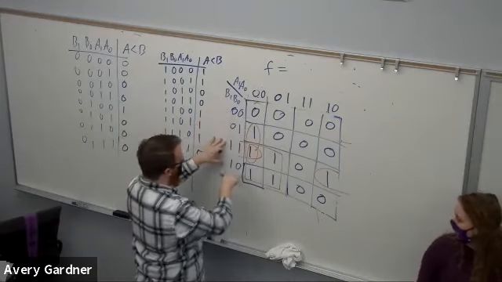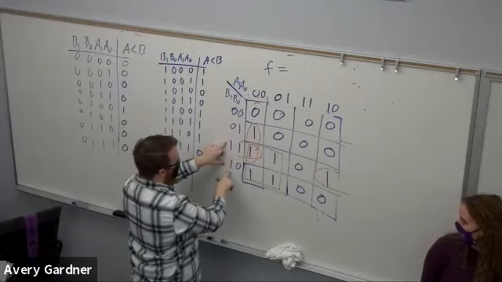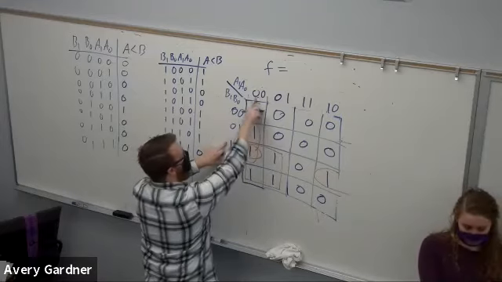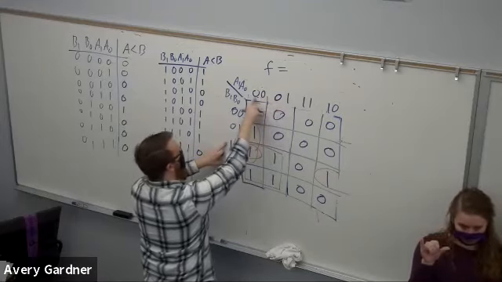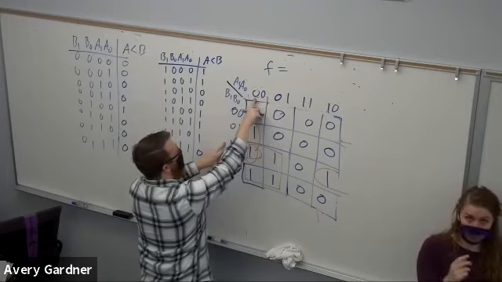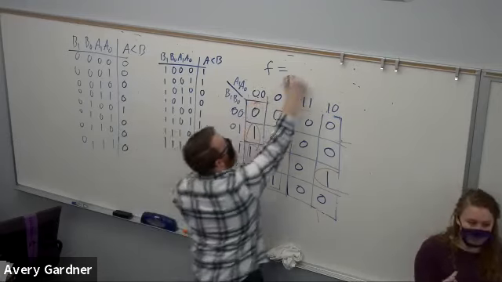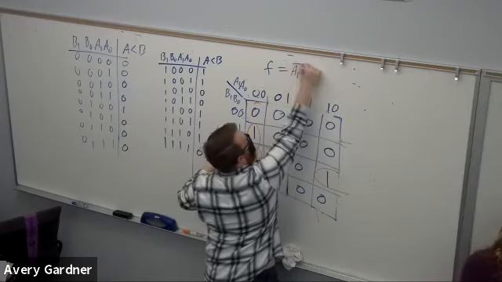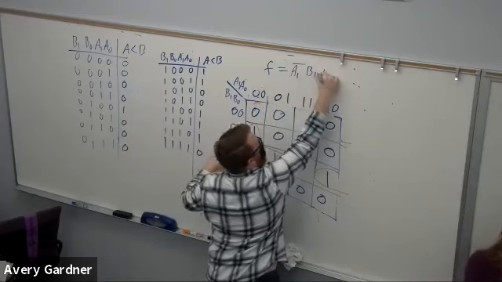So let's find this one, which is the 1 doesn't change and the 0 doesn't change. So I'm looking at A1, B1. So it's A1 bar and B1.